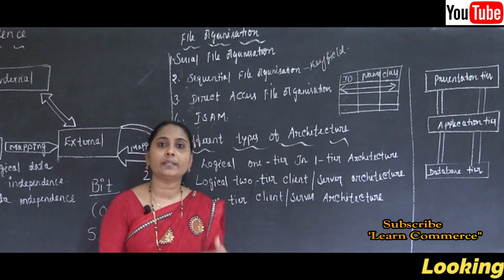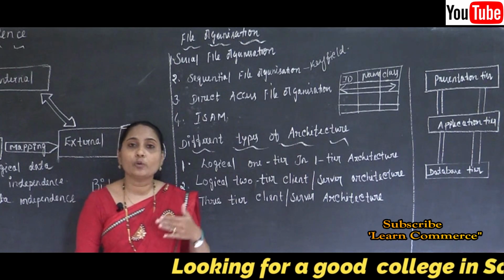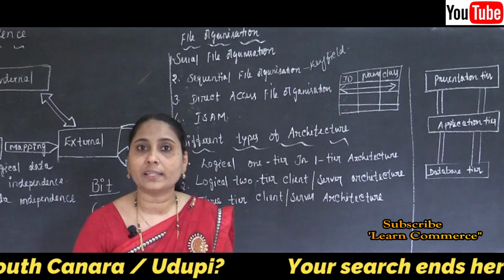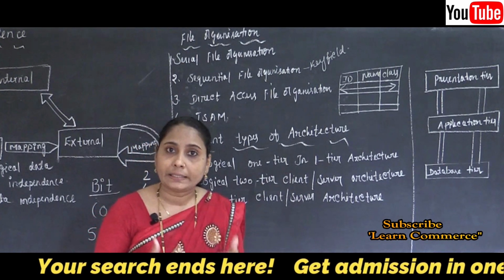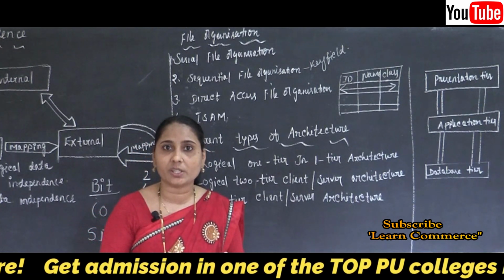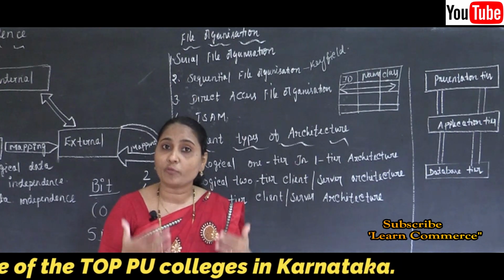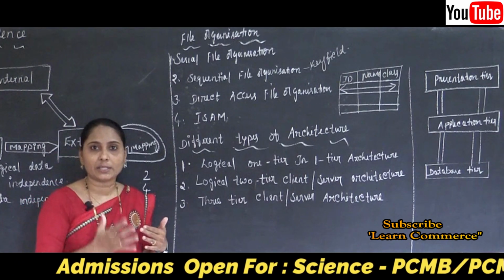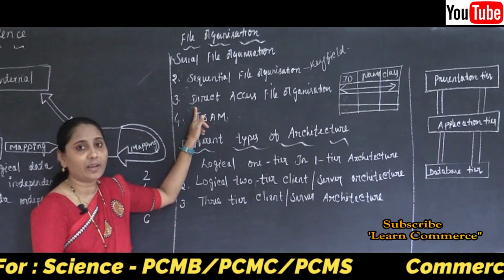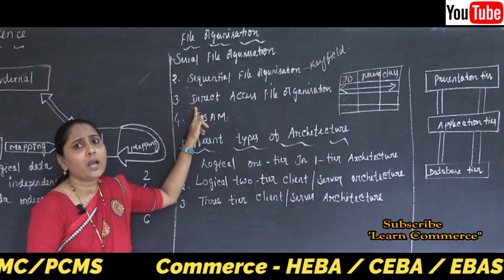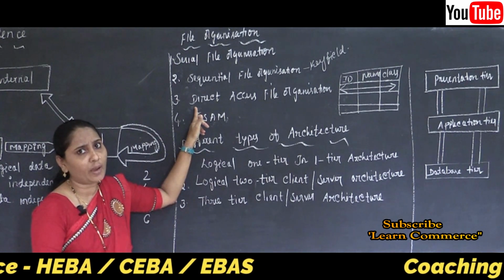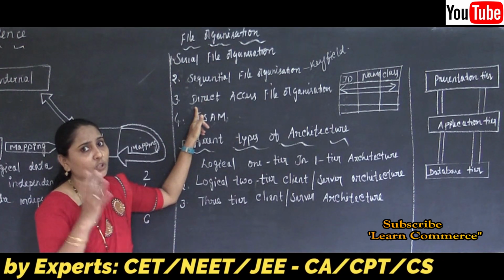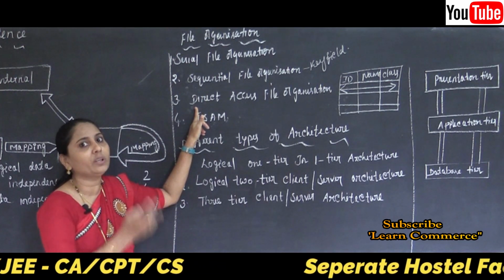That means we can't get a large amount of storage space to store all those files. Why? Because the primary storage has limited capacity, so we can't store a large amount of information or a large number of files. This is the main disadvantage of direct access file organization. As I already said, the files we create are stored using the primary storage of the computer, which provides direct access.